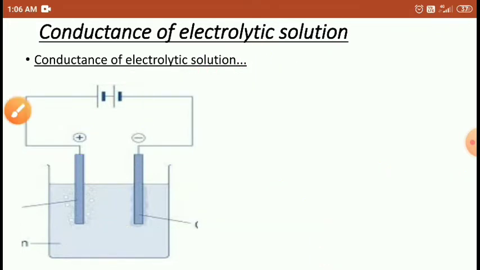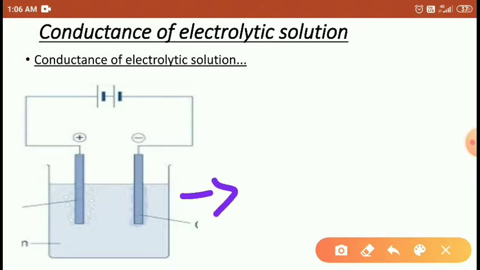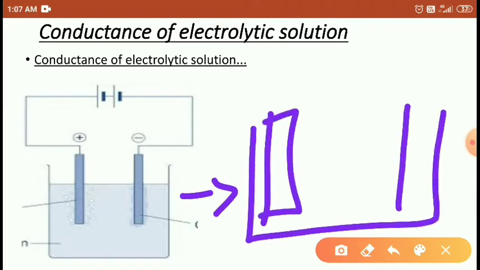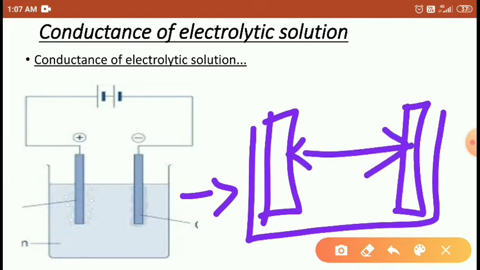In this conductance of cell experiment, if the electrodes move far apart from each other, the distance between them increases.